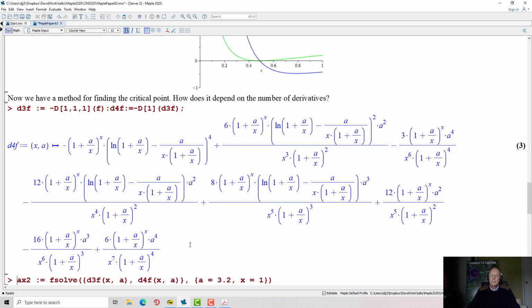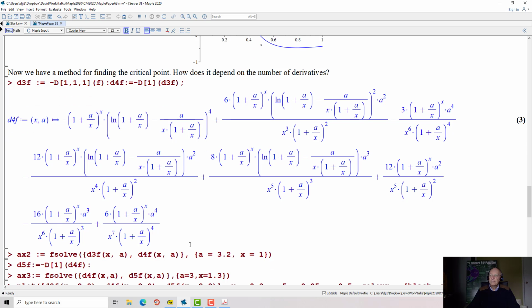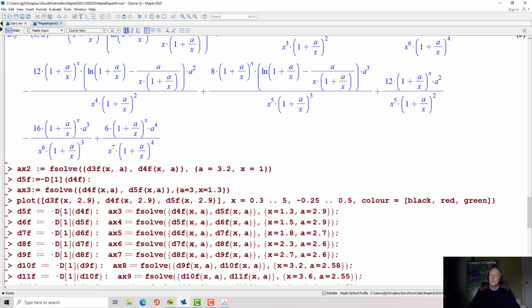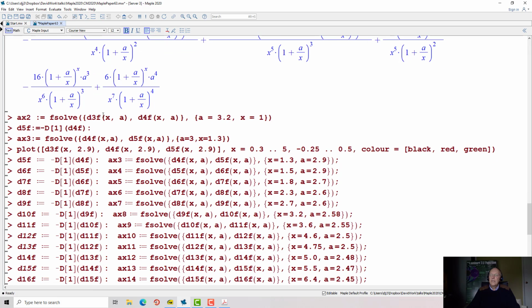So we must bear in the back of our mind that as we explore these derivatives of f, we're going to have to keep an eye on our memory usage. So now that I have the third and fourth derivatives, I can use that to find the critical point of the second derivative. So I'm going to fsolve that.